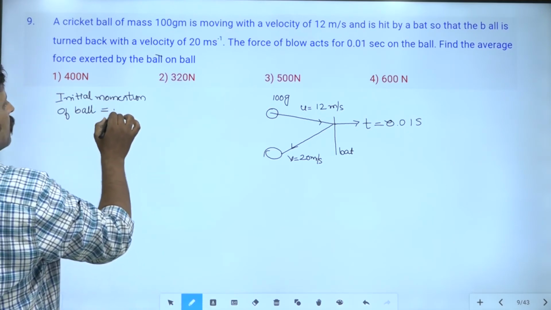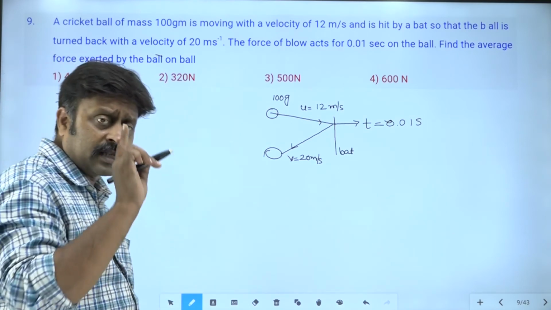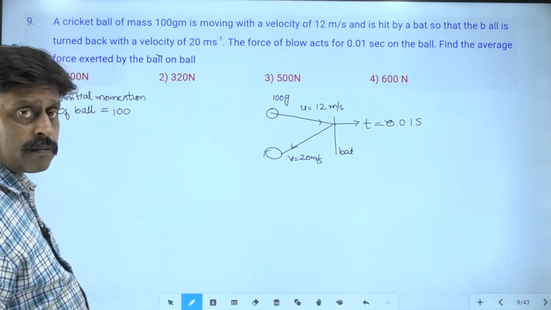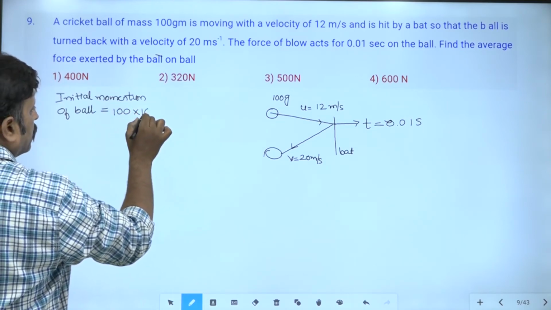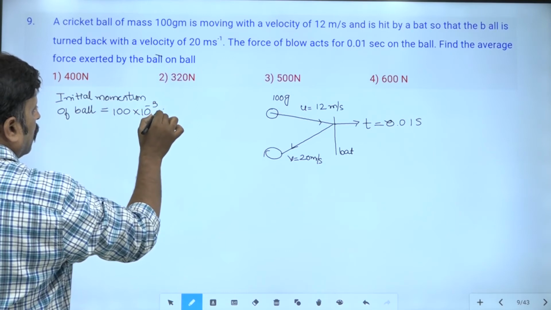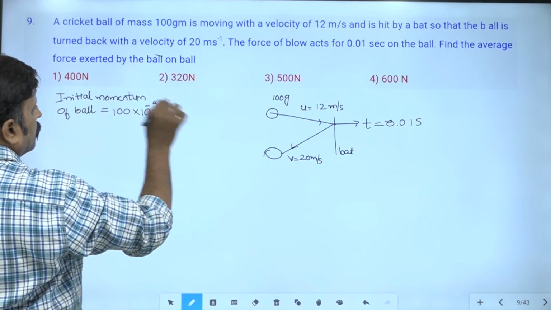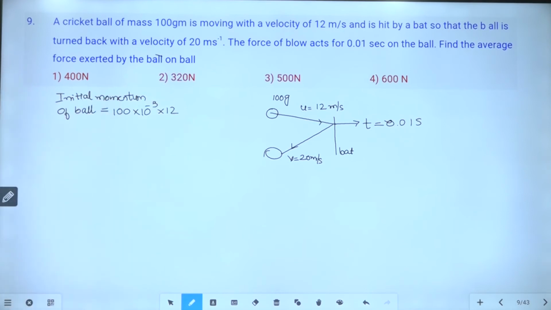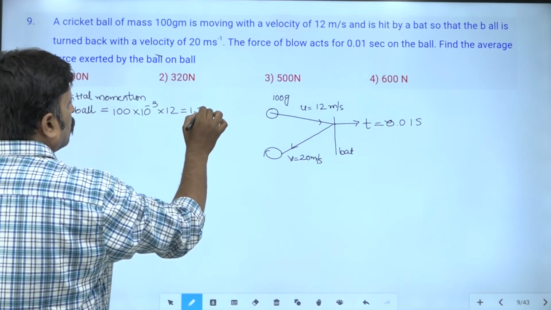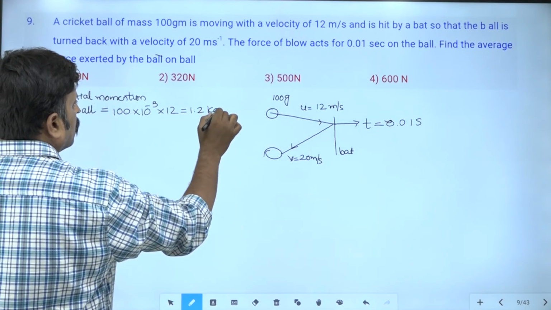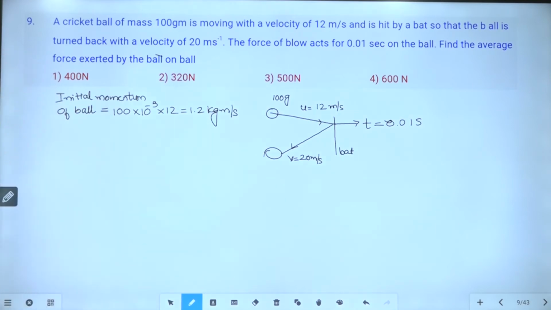The mass of the ball is 100 grams. 1 gram is equal to 10 power minus 3 kg. So 100 grams means 100 into 10 power minus 3 kg, into what is the velocity given? Initial velocity 12. So what is the initial momentum? 1.2 kg meter per second. That is the initial momentum of the ball.